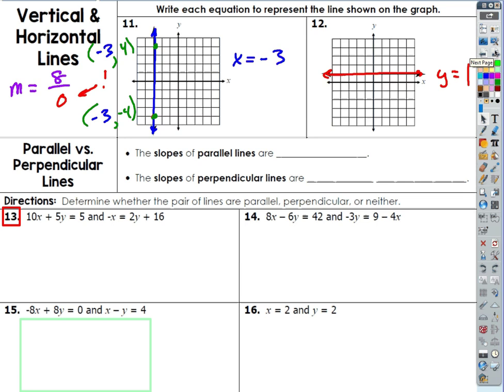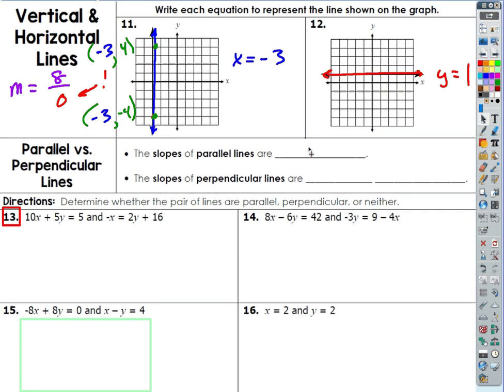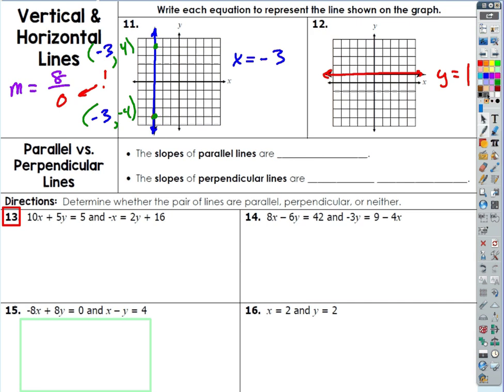Okay, so what can you tell me about slopes of parallel lines versus perpendicular lines? Slopes of parallel lines are what? Yeah, they'd have to be equal, wouldn't they? So slopes of parallel lines are equal.